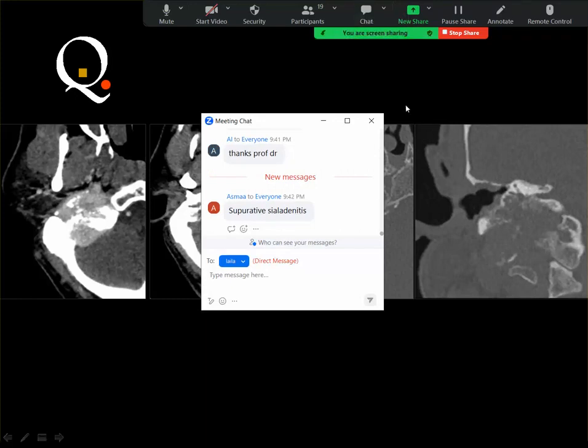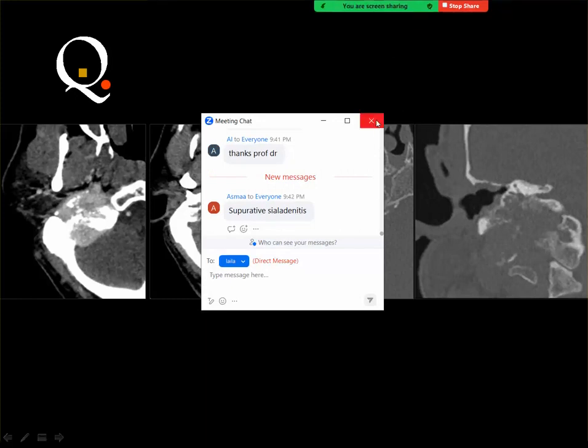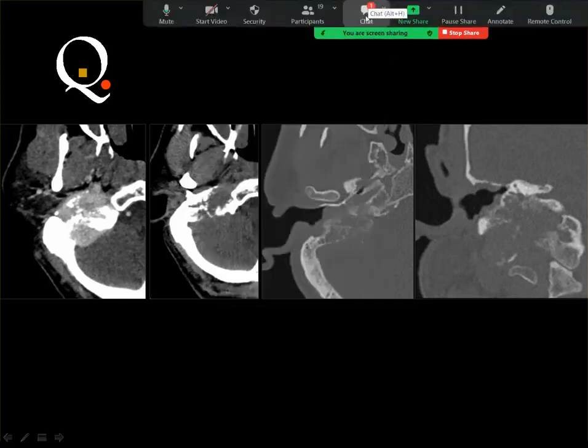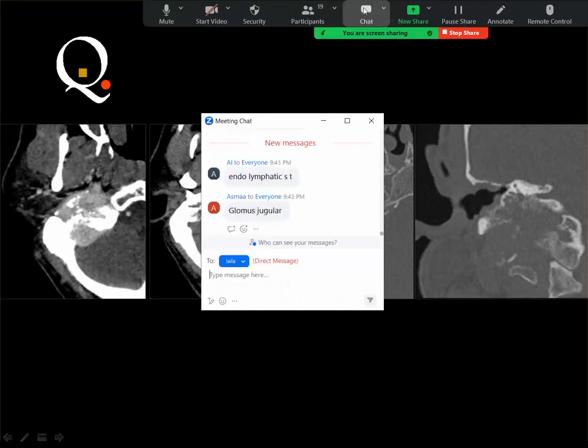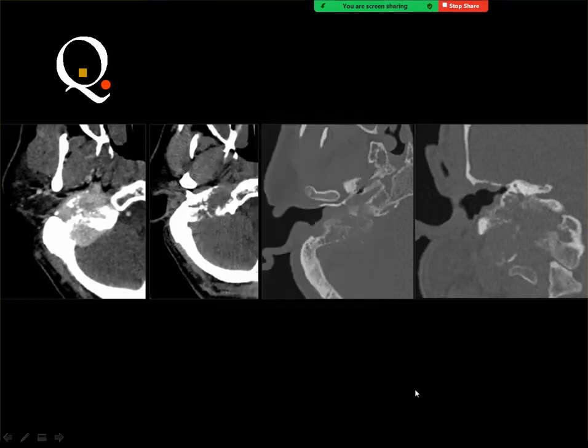Sialadenitis, yes, this is right. And this is glomus jugulare. Yes, this is the glomus jugulare, a tumor which is centered on the jugular fossa. The jugular fossa is destroyed with an enhancing soft tissue component, which usually extends in many directions.